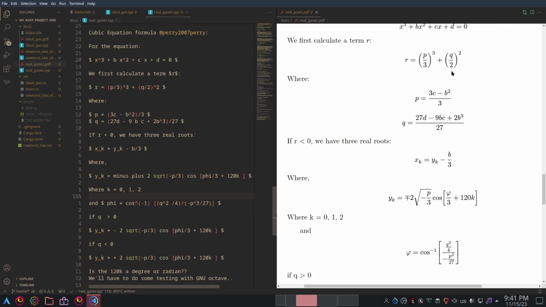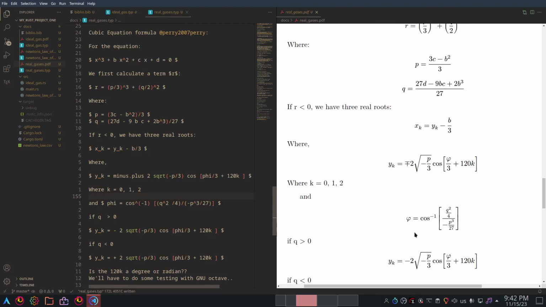Q over 2, q squared over 2 kind of ends up in the top, and then you can have this cosine term where you can find your phi. Okay, so that's your phi term here, where you have 3 real roots, excuse me. So you have phi here, which is this cosine inverse of this whole term here.